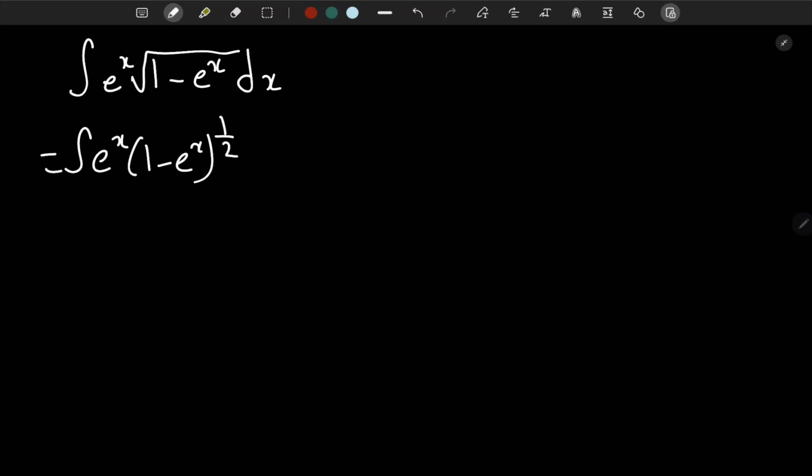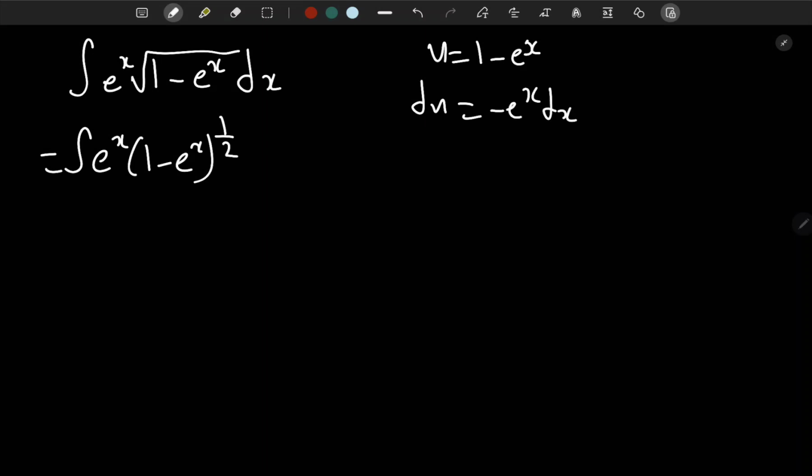As I was saying, u is going to be 1 minus e to the power of x, and du is going to be negative e to the power of x dx.